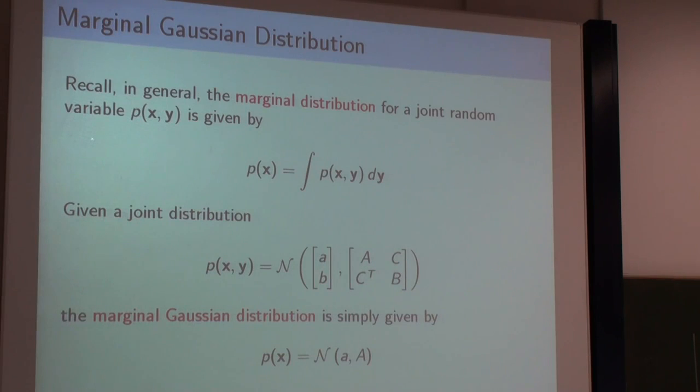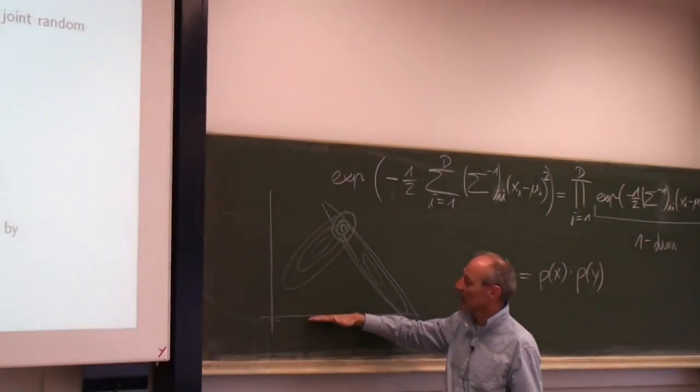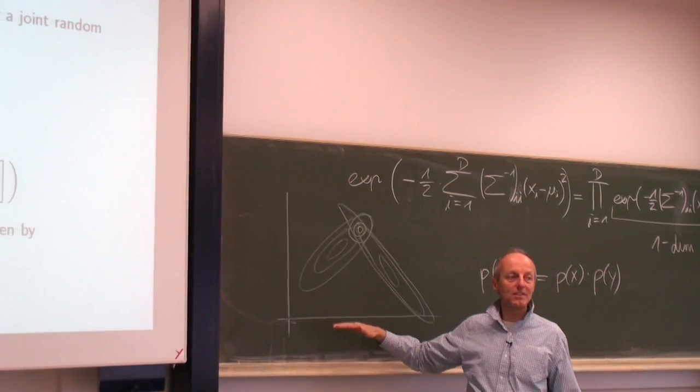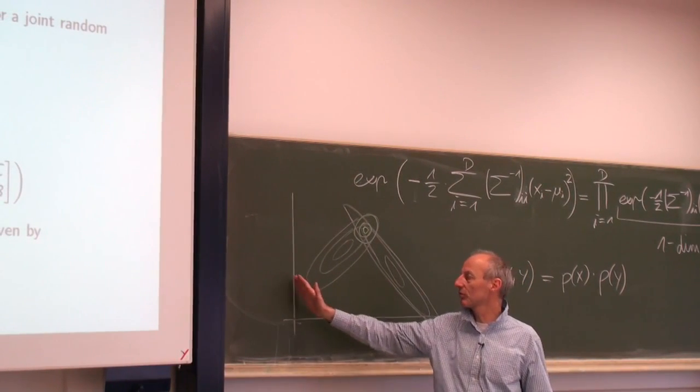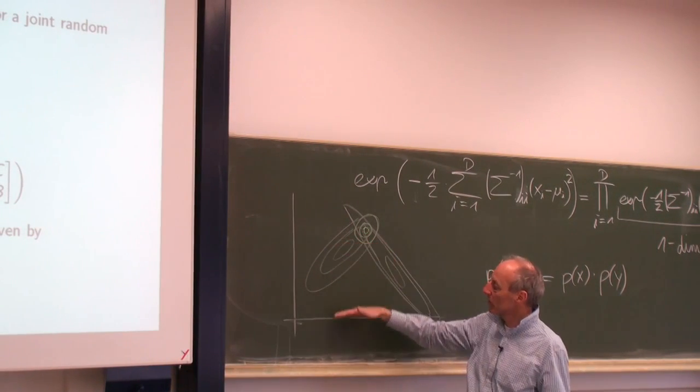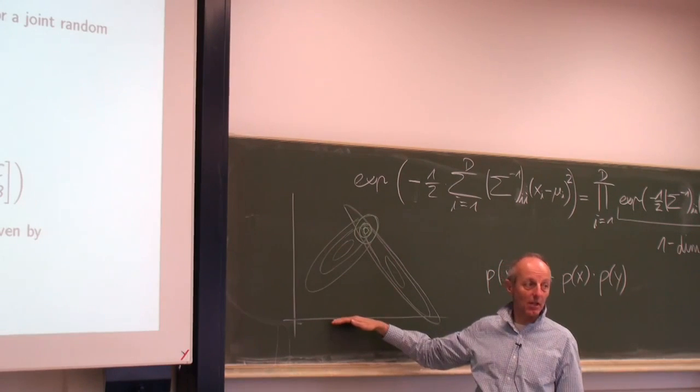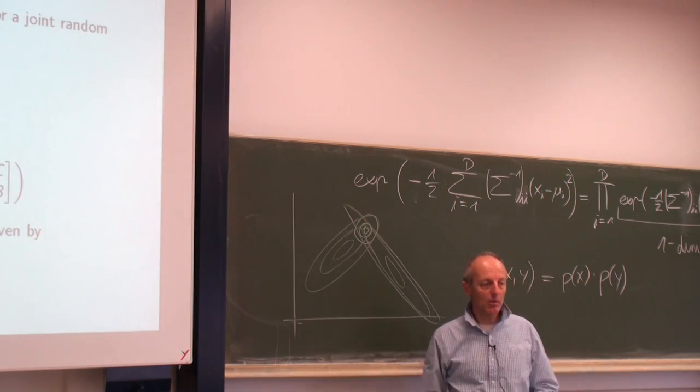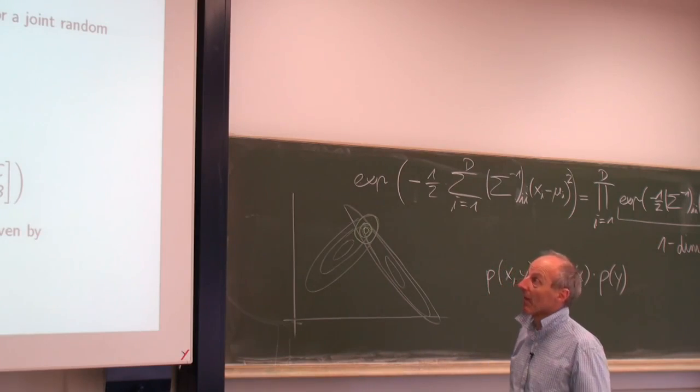Now we have continuous variables. Marginalization is nothing but projecting the distribution onto a subspace. So if we have 2 dimensions, we may project it to the x dimension. That's what it's all about.